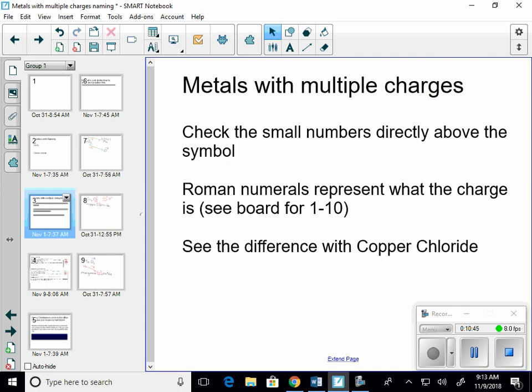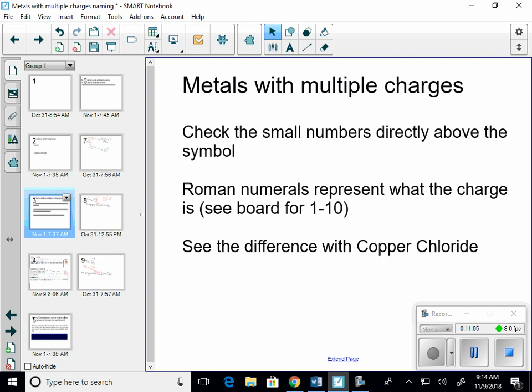So, first thing I mentioned is if we check the small numbers directly above the symbols, we can see if they have more than one charge. The good news is those metals that are in the first and second column, the alkali metals, the alkaline earth metals, they only have one possible charge.